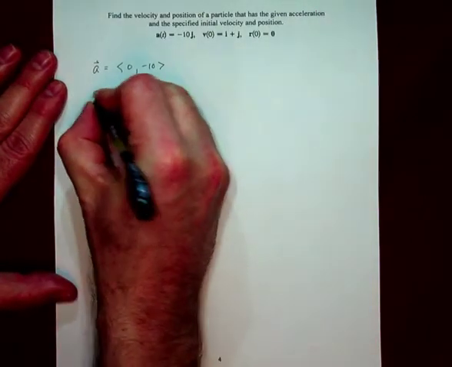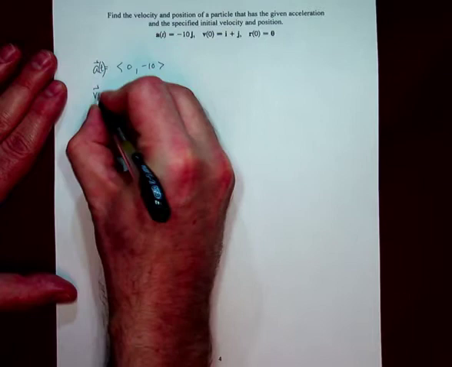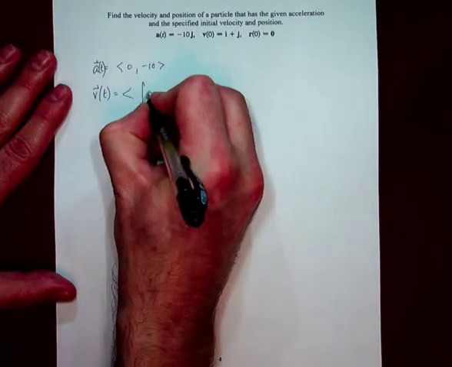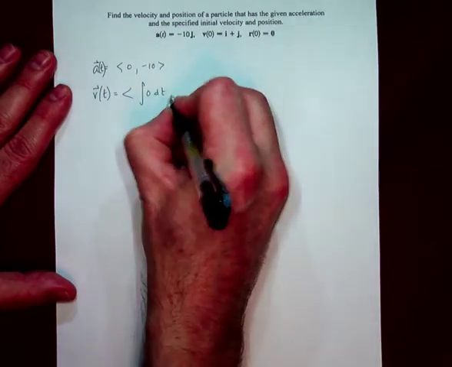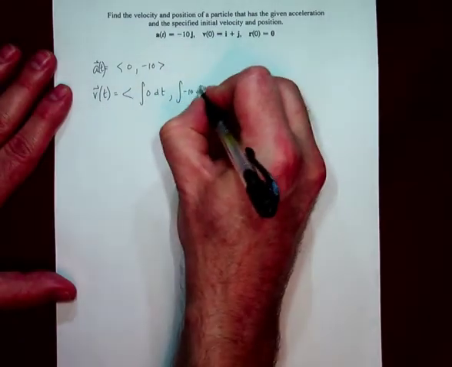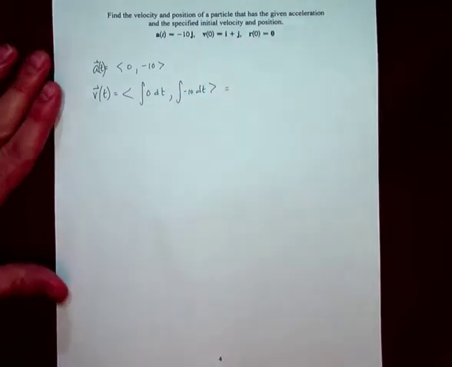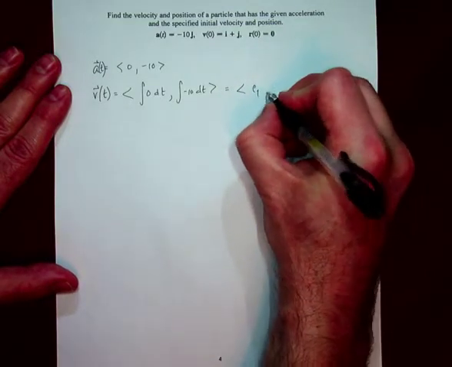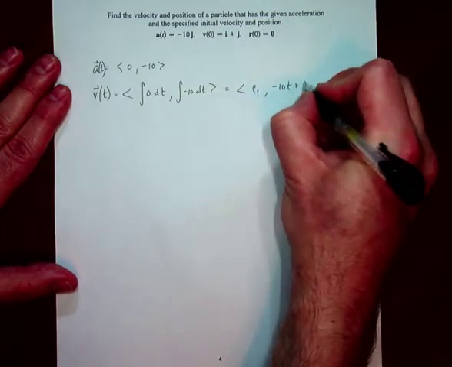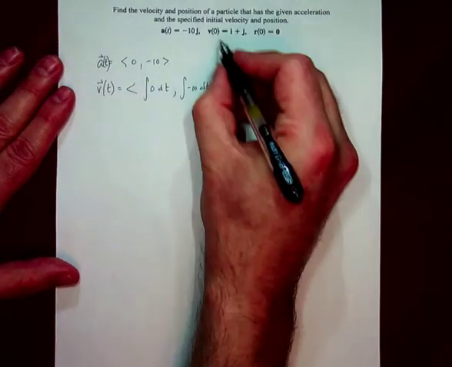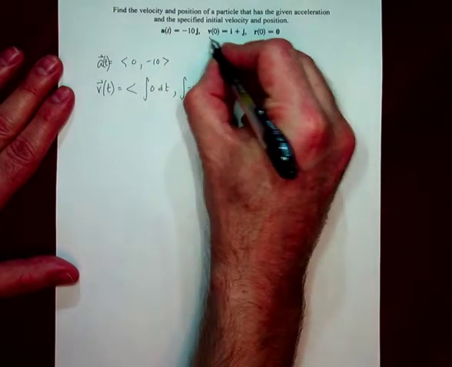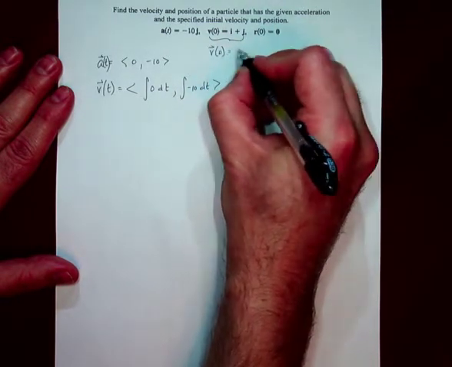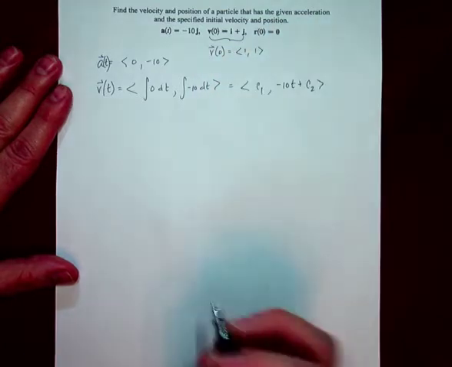Sorry, I should have put a t right here, but you get it. V of t is equal to the integral of 0 dt and the integral of -10 dt. Well, what is 0 the derivative of? Well, just the constant, okay? And this next one becomes -10t plus c2. Now, the velocity vector right here means that v naught is, in component form, 1, 1.